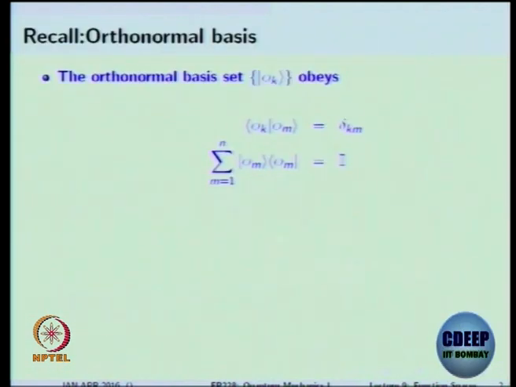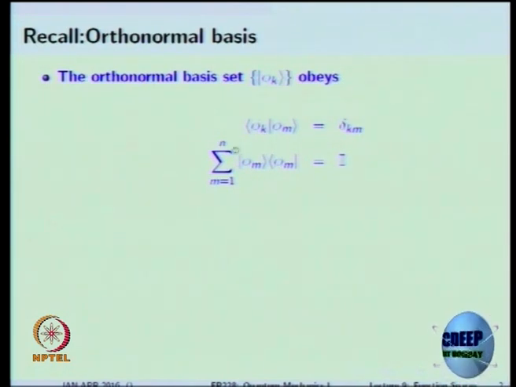We said that there is an orthonormal basis set which we denoted by this angular bracket, which is called ket, and it obeys the inner product should be Kronecker delta, and also we had this outer product.